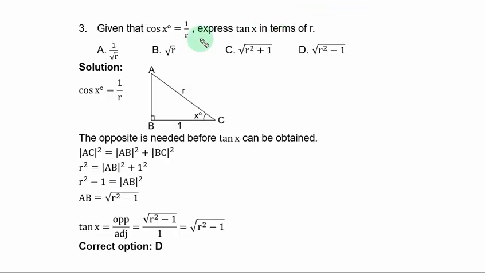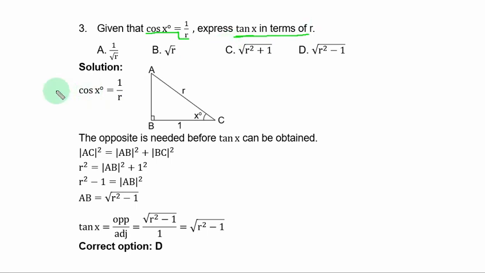Question 3. Given that cos x degrees is equal to 1/r, express tan s in terms of r. These kinds of questions are very common in WAEC, and the approach remains the same. Now, tan s is defined as the ratio of opposite to adjacent, and cos s is adjacent over hypotenuse, meaning opposite is needed.